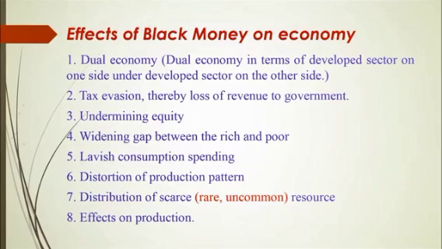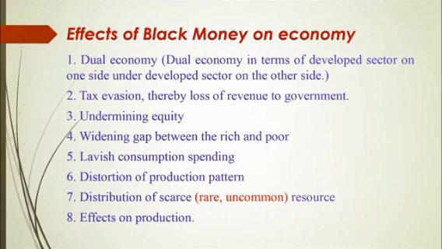So, because of the false accounts which they are producing, there is a loss to the government, that is tax evasion. The next one is undermining equity. So because of the black money, there is no equal economic growth in the society. Next one is widening gap between the rich and poor.